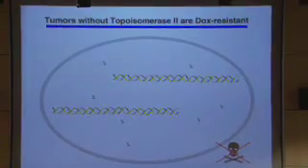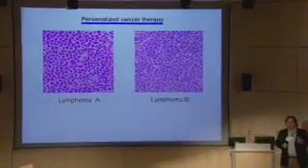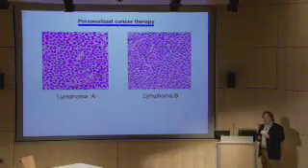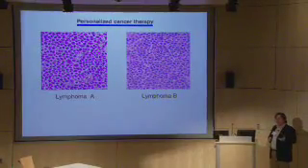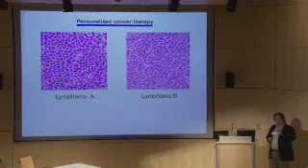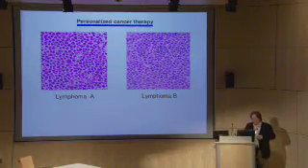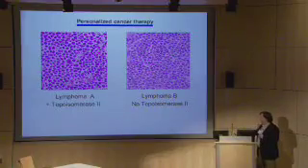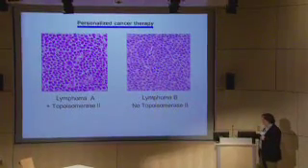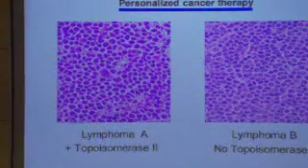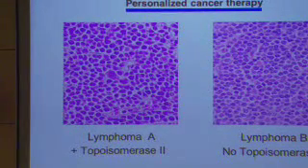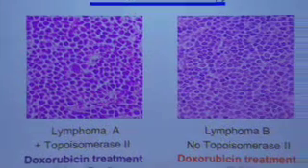So if we return to the initial lymphomas that I talked about at the beginning, we can start ascribing them a molecular signature in addition to this initial visual diagnosis. So say, for example, lymphoma A has topoisomerase 2, then one would expect that this tumor would respond to doxorubicin, whereas perhaps lymphoma B has no topoisomerase 2.